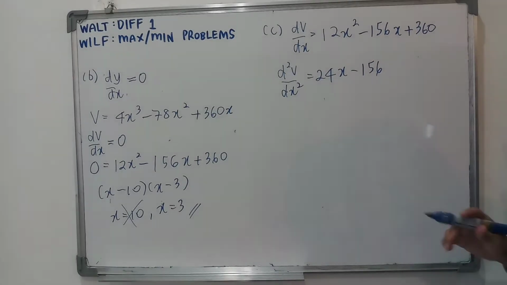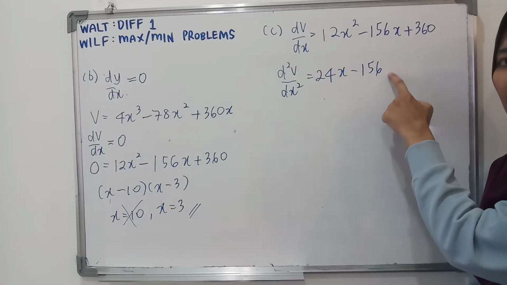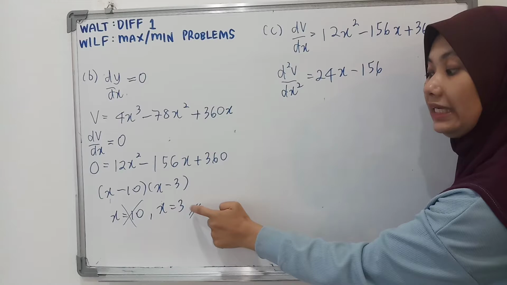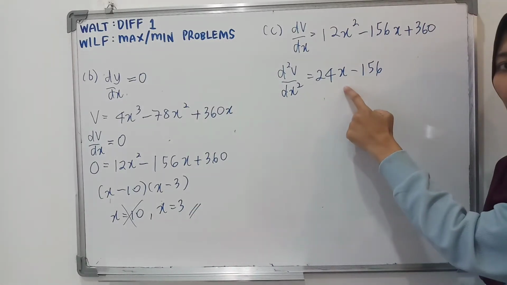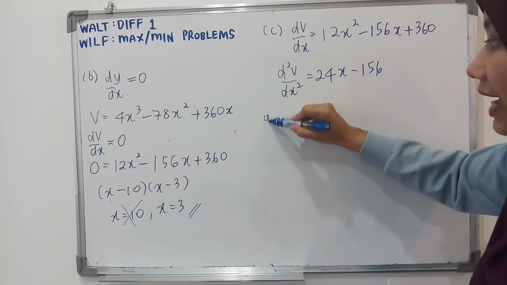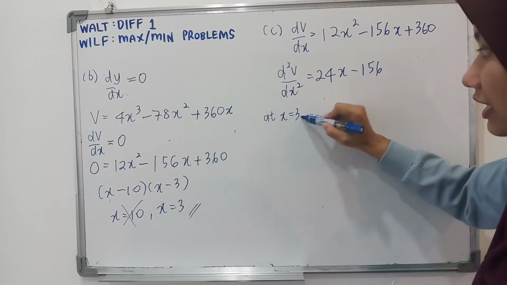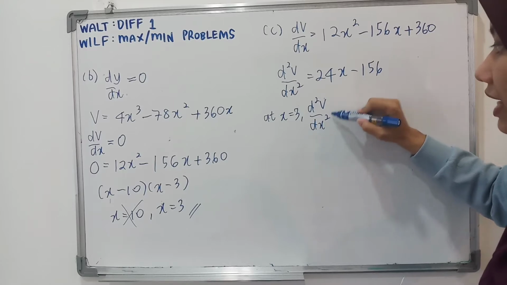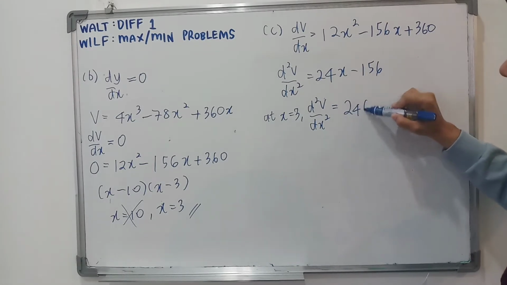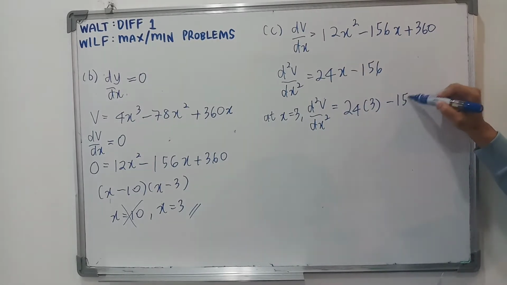Is it positive or negative? You need to key in the value just now. So key in x equals 3 into the second derivative. At x equals 3, d squared V over dx squared equals 24 times 3 minus 156.